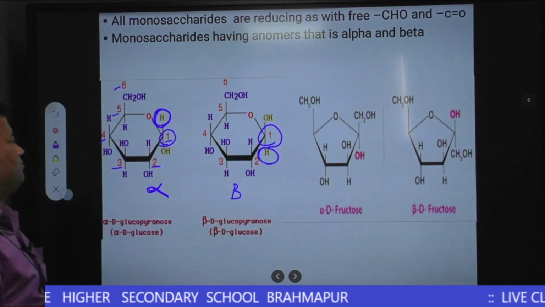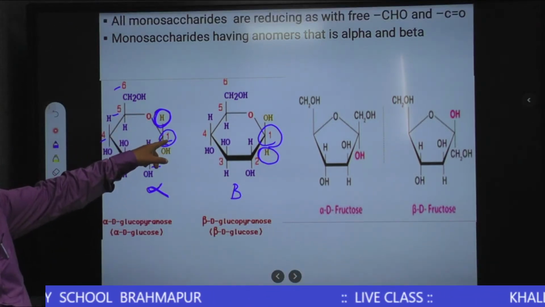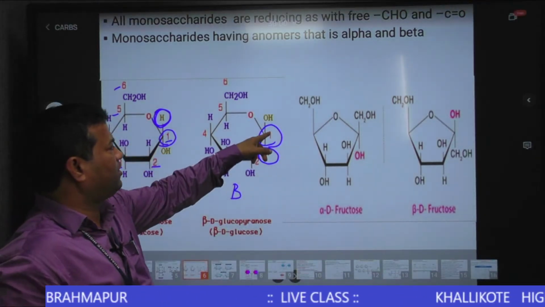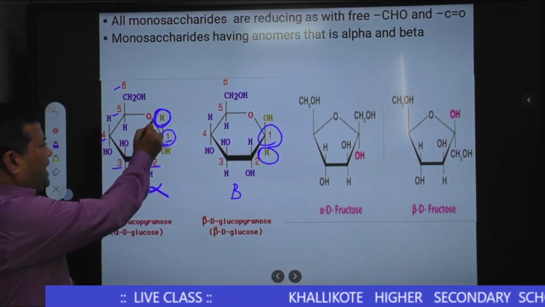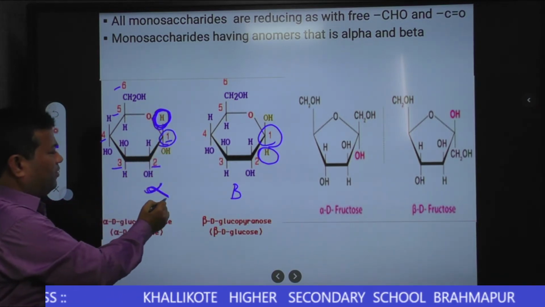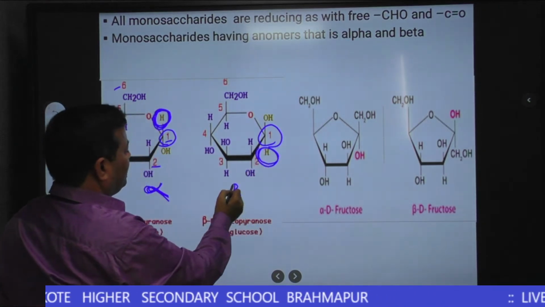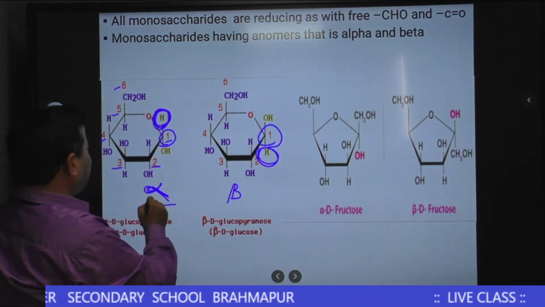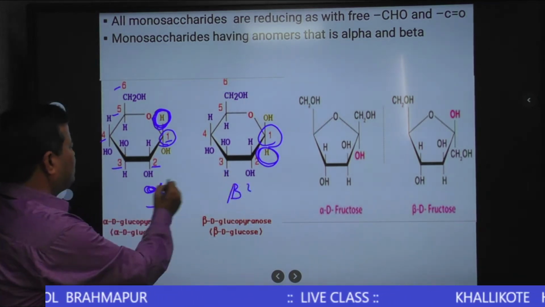Here also the first position of carbon is this. When hydrogen remains at the above position, that is alpha form. When hydrogen remains at the below position, that is beta form. That is beta glucose, and that is beta glucose, this is alpha glucose.